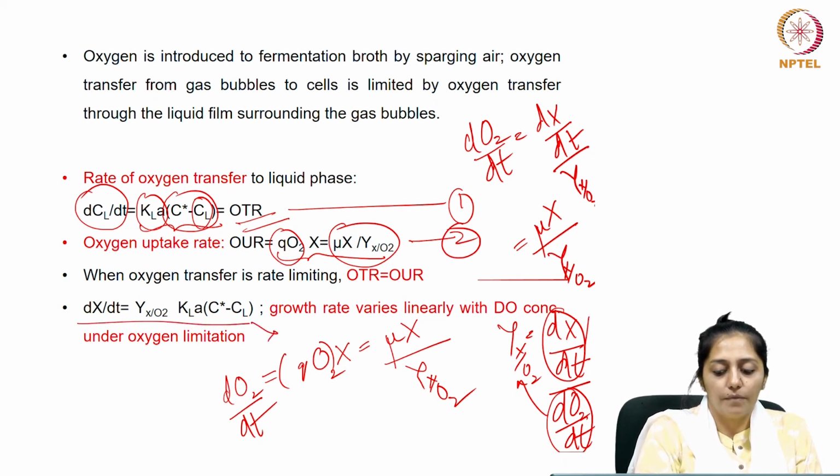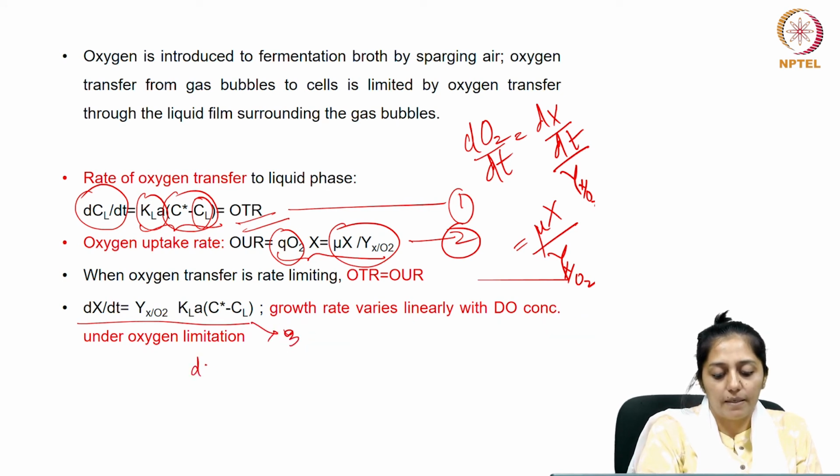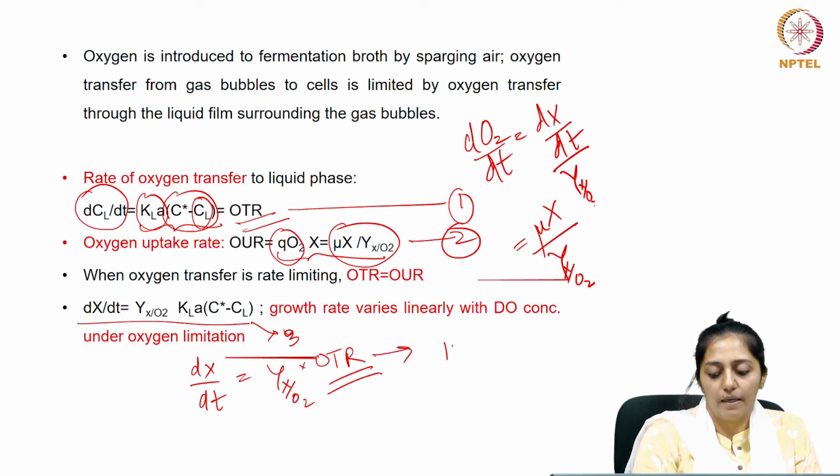taking the form of equation 3 here, where your dX by dt can be given as the yield coefficient multiplied by the oxygen transport rate, which is KLa multiplied by C star minus CL, as given in equation 1.